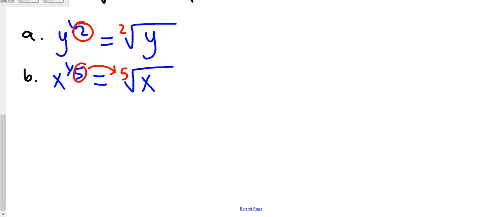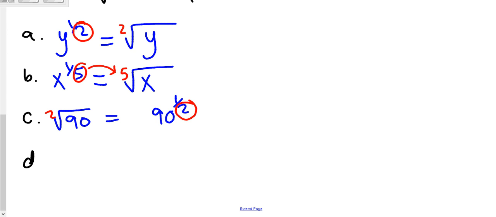And like we said earlier, we can go the other way. If we have the square root of 90, we can also write this as 90 to the 1/2. It's a square root, so there's an invisible 2, and that's how we get the 2 in the denominator.